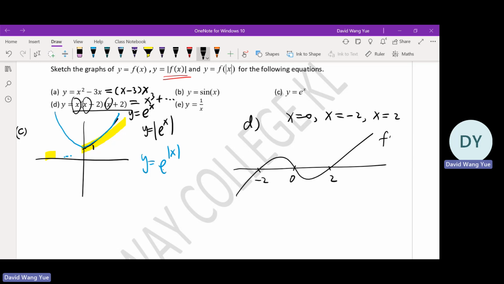This is f(x). So if I change to absolute value of f(x), what is below reflects above, and what is above remains the same. So the red one is the modulus of f(x).